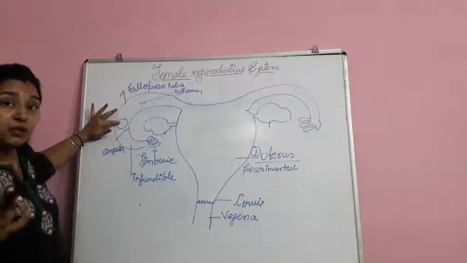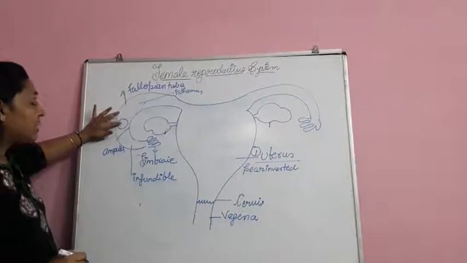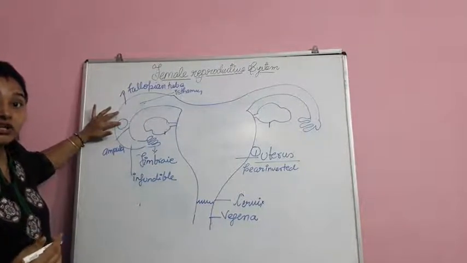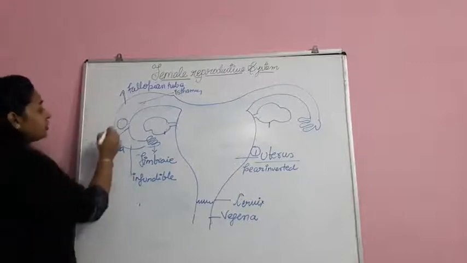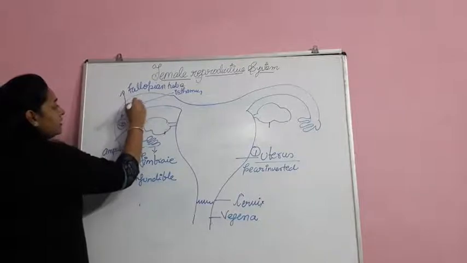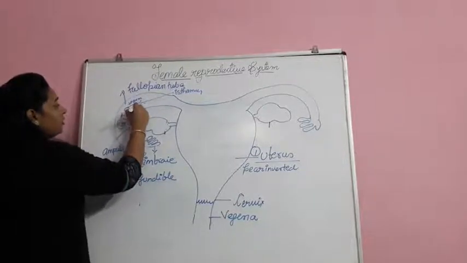If in the meanwhile a sperm cell comes and fuses over here, then fertilization happens. Fertilization means fusion of egg cell plus sperm cell, which equals zygote.